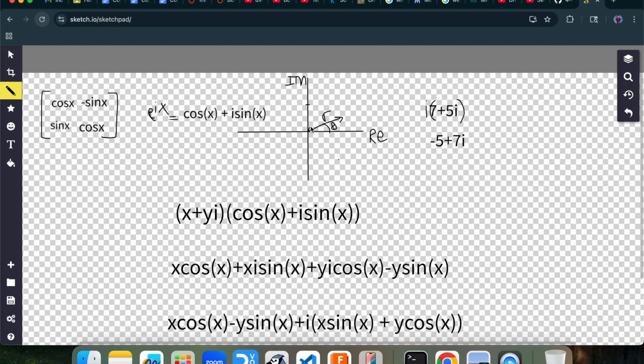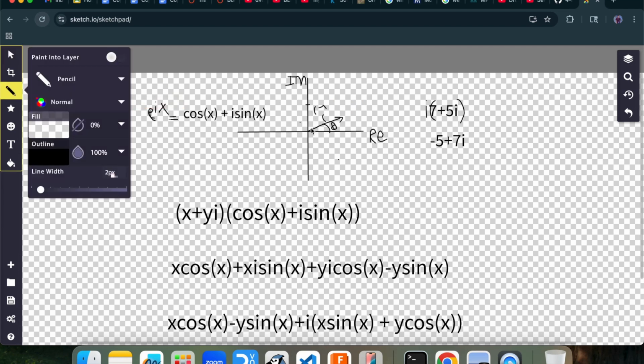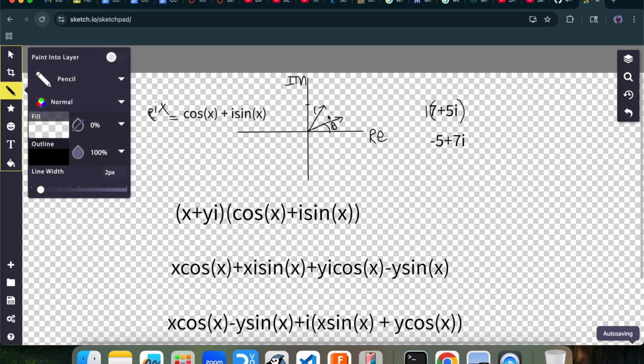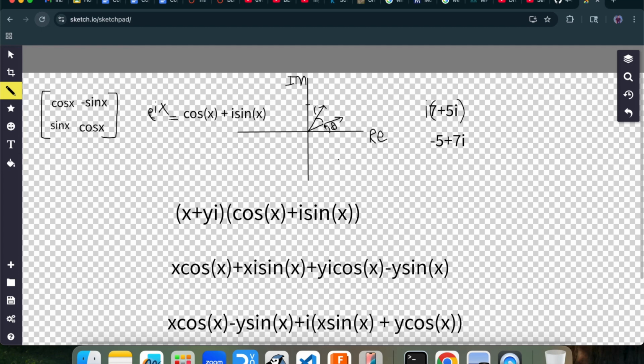And if we have another vector here that's also r, say they both have a length, or magnitude, of r, and this one's going to be alpha.